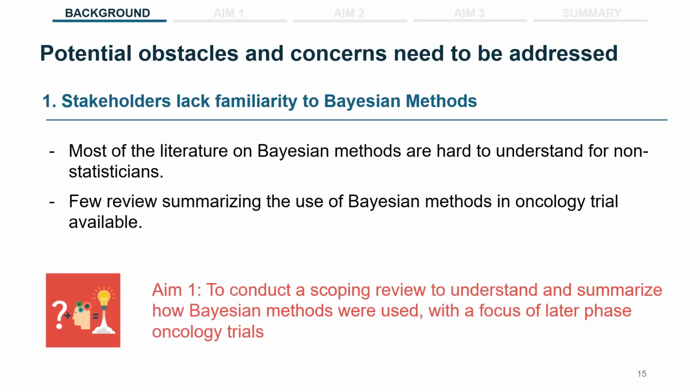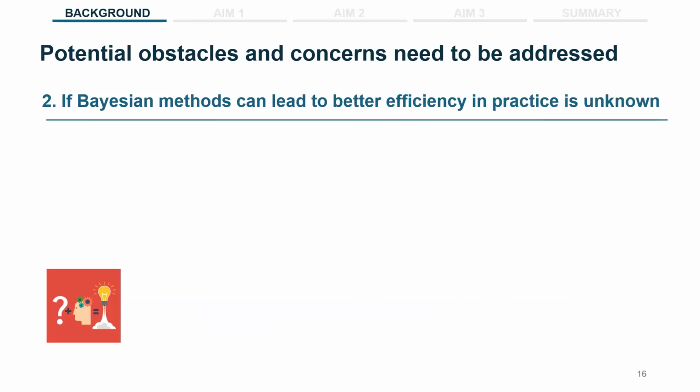To address this gap, we plan to conduct a scoping review first to understand and summarize how Bayesian methods were used in the past, with a focus on later phase oncology trials. Second, whether Bayesian methods can actually lead to better efficiency in practice is not evaluated.